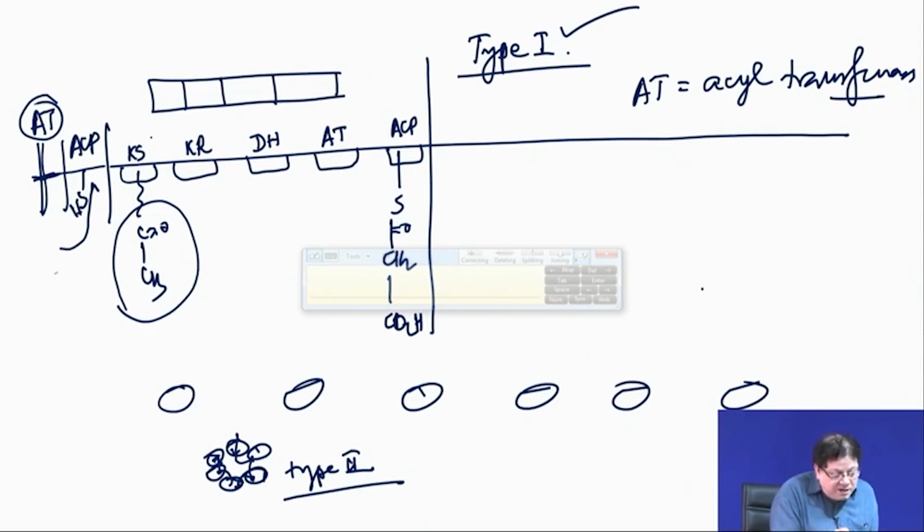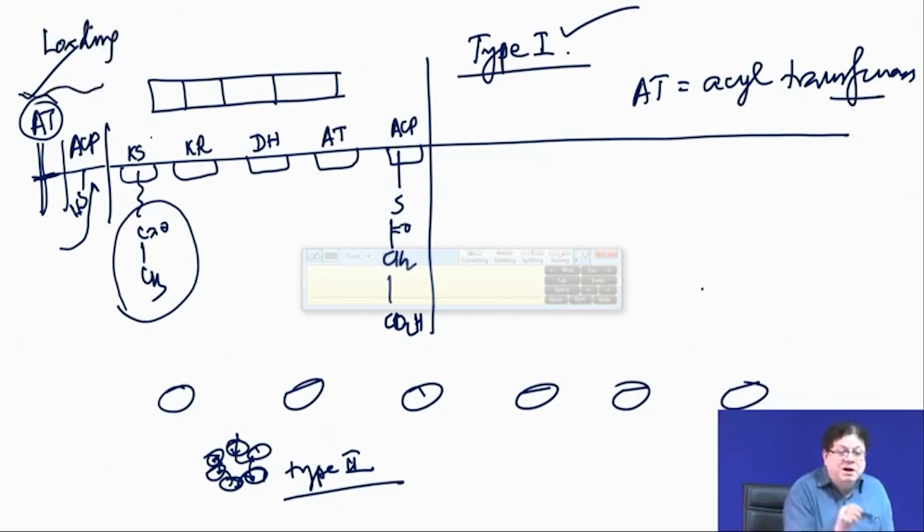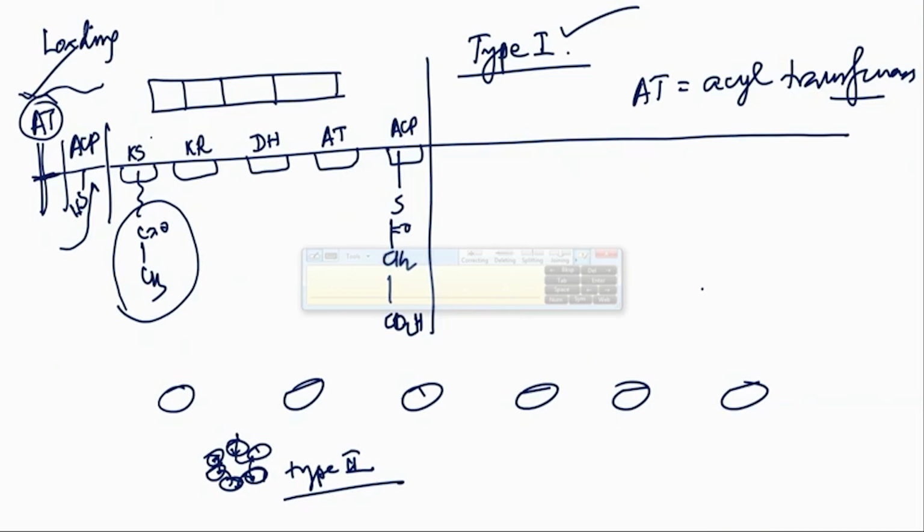So, first acetyl transfer takes place to the ACP. Who does that? The AT. Now, this is what is called the loading module, because this is like a primer kind of thing. See, loading module is where you start the whole thing. So, the acyl transferase first takes the acetyl coenzyme A, gives it to the ACP by a transthioesterification reaction. Okay. So, acetyl group is now in the ACP.